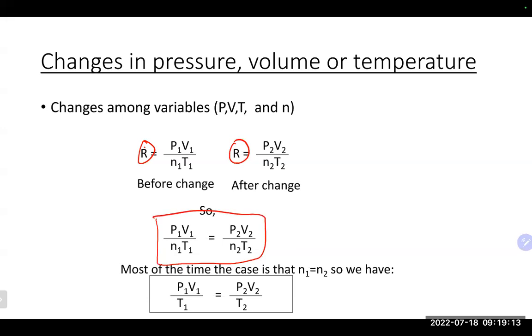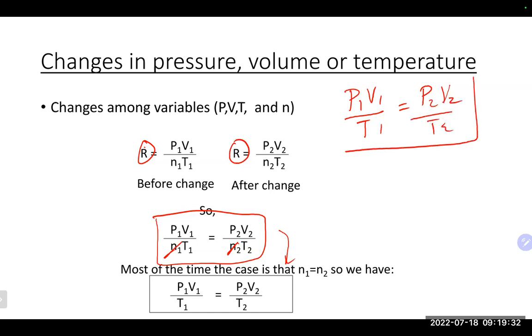And in most cases, if you don't open the top, the gas moles will not leave, so those remain constant. That gets us down to what is sometimes referred to as the combined gas law, and that is P1 V1 over T1 is equal to P2 V2 over T2.